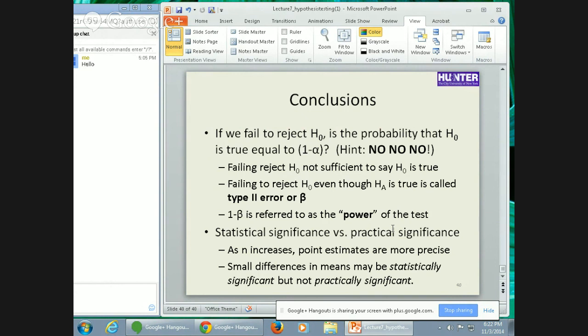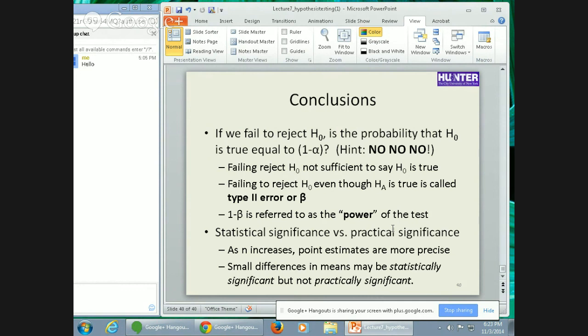If our null hypothesis was a prevalence of 0.5, we might have failed to reject it, and the true proportion is 0.4 or something else. Did I answer your question?